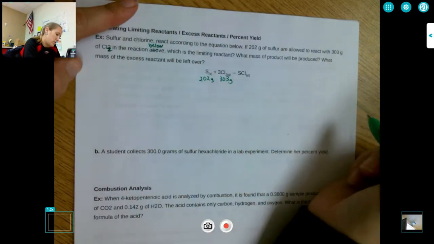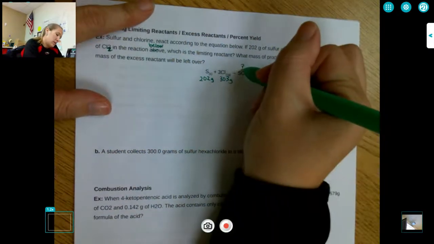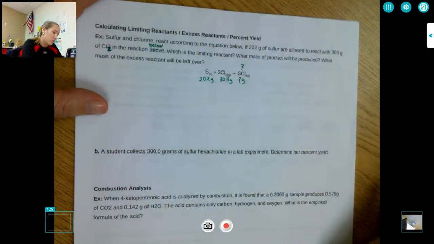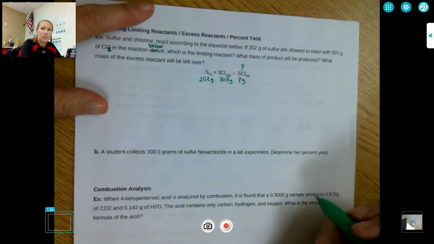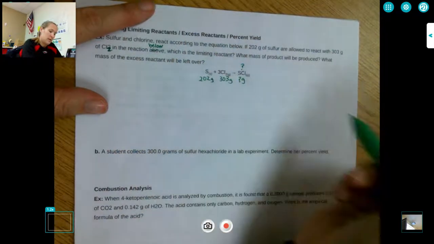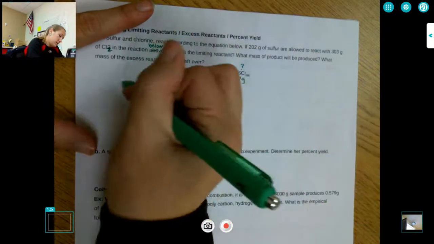What mass of product will be produced? What mass of the excess reactant will be left over? So I want to know my mass of my product, sulfur hexachloride. So 2 stoichiometry setups: grams of one reactant to grams of product, and grams of my other reactant to grams of product.